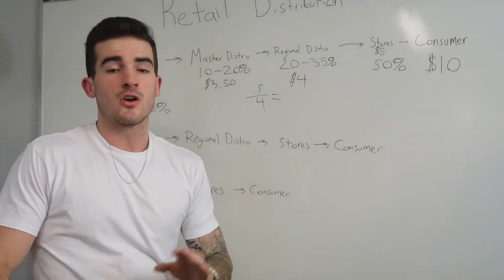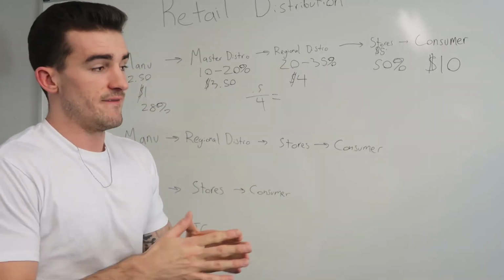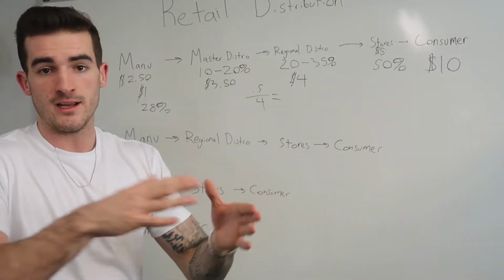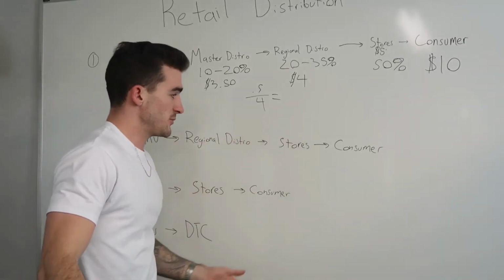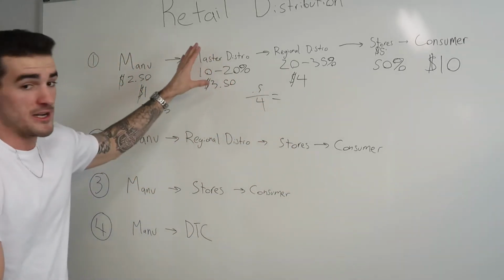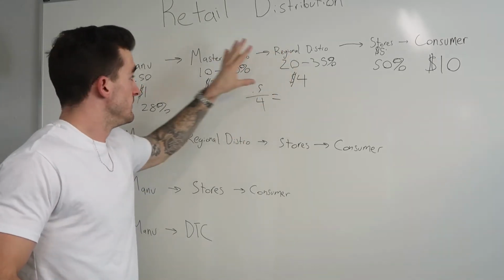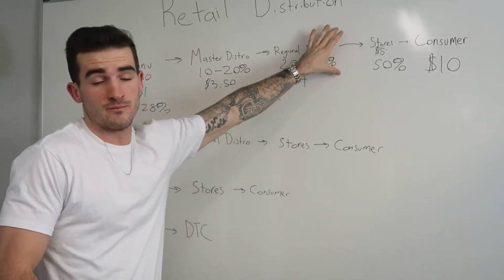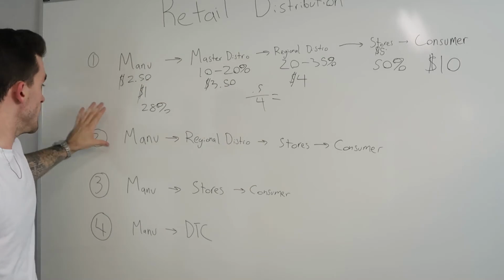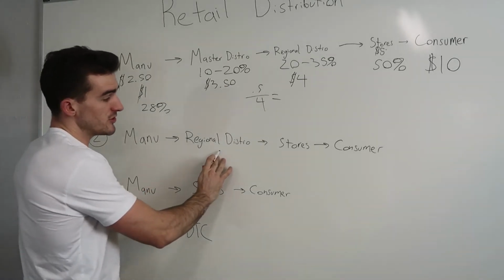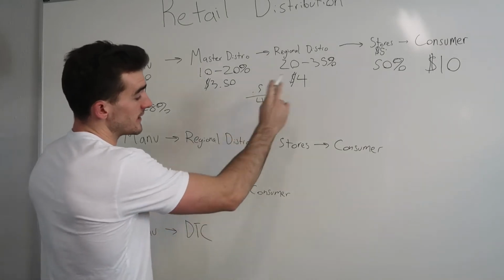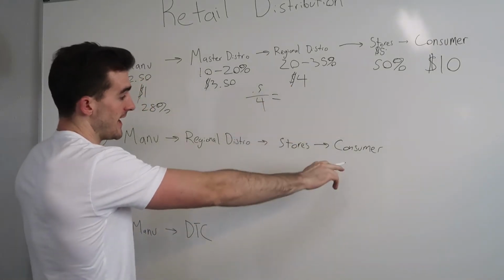So that's going to be the most complex, advanced method for getting your product mass market. But now we've got 3 other options, and these are pretty much just cutting out one step in this initial scenario. So your next option is you as a manufacturer sell to a regional distributor who then sells to their stores, the stores sell to the end consumer.